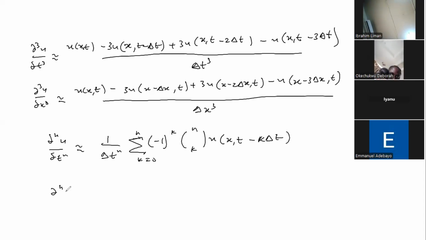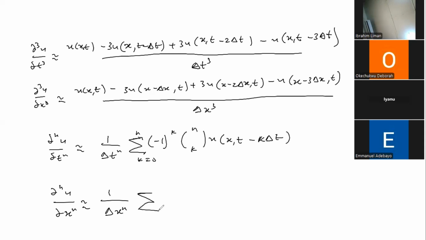And the nth derivative in x will be approximately 1 over Δx^n, sum k equal to 0 to n, minus 1 to the k, combination n k, u(x minus kΔx, t).